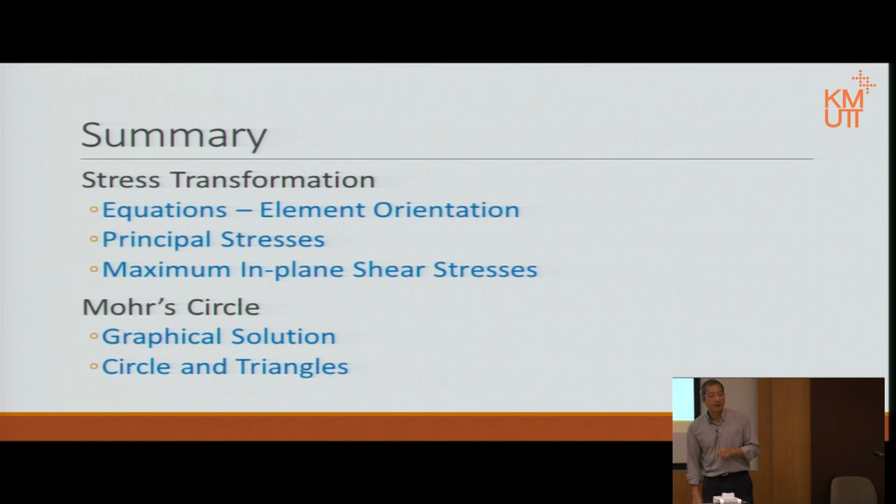Then we reduce the tough calculation, understand the concept instead, and change the idea into just using the equation for circle and triangles. That concludes the lesson on this topic. Thank you very much.